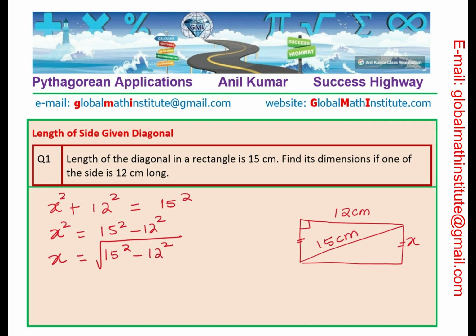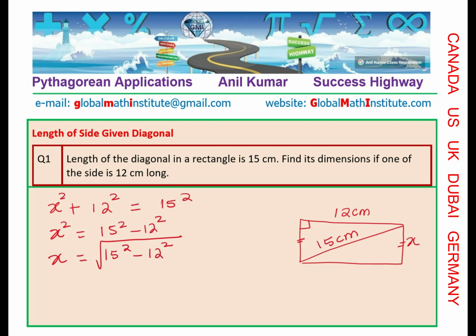So these are simple steps to follow to find the solution to these questions. Now many times a calculator is not allowed. You can do it without a calculator also. However, these questions I am going to answer with the help of a calculator. So 15 square minus 12 square is equal to 369, right?